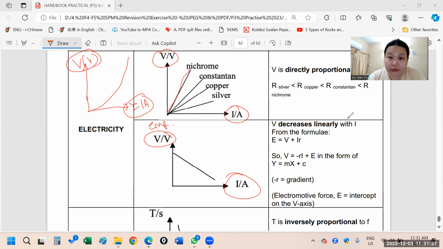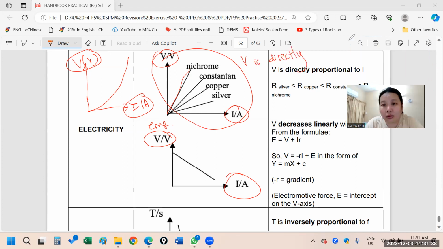From the graph. So for this case, the relationship from the graph is V is directly proportional to I. Because you already draw the graph, it means you can analyze, you can confirm their relationship already.